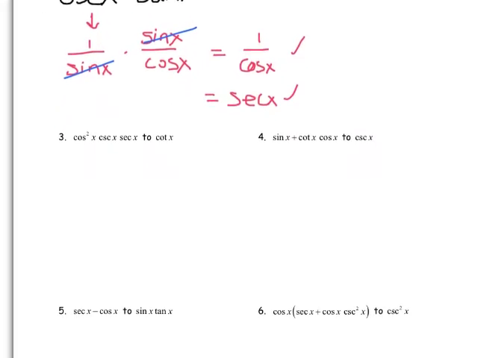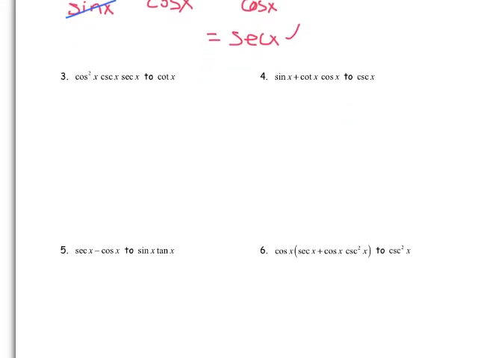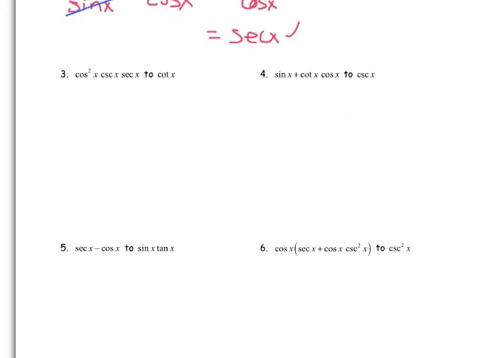All right, so number 3, cosine squared times cosecant times secant equals cotangent. If you're wondering why I know what to do in these problems, I'm thinking about the fact that when I read cotangent, I read it as cosine over sine.